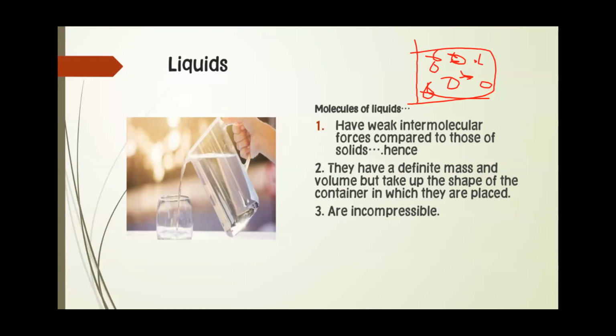So in a liquid, the forces between two molecules that are near each other are weaker compared to the solid. That's why they are saying that yes, liquids have a definite mass and volume, but they don't have a definite shape. They always take up the shape of the container. That's what they are telling us.